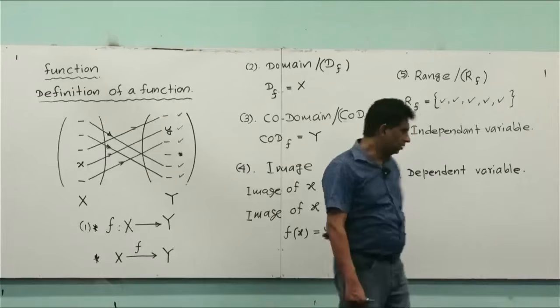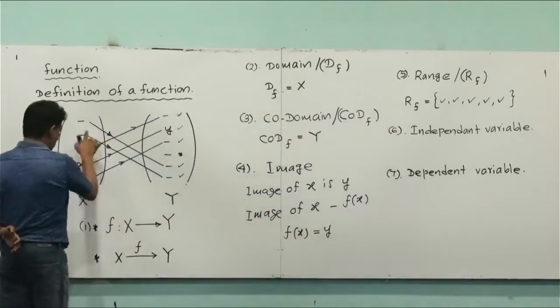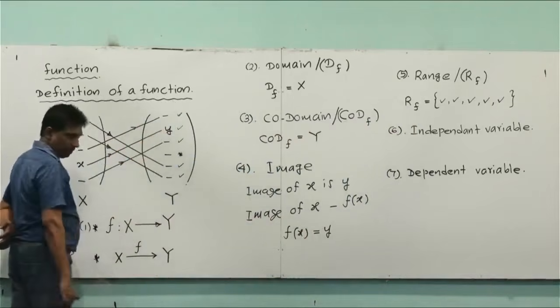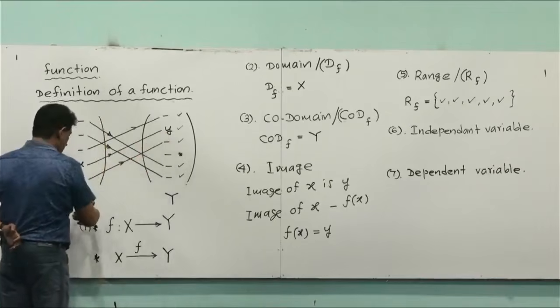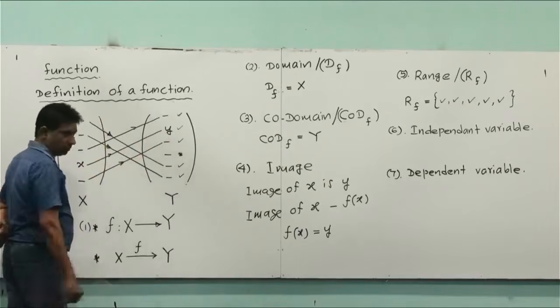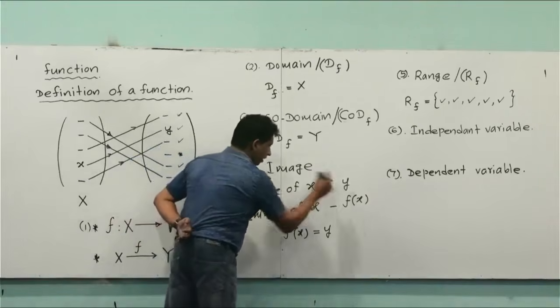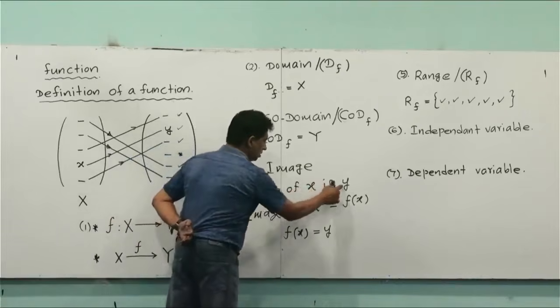Here we have marked first set element X, its related second set element Y. Then this is image of this first set element, right? Now write down image of X is Y.